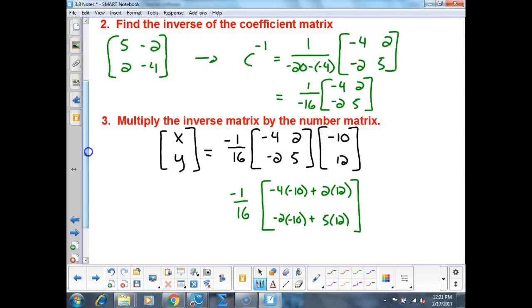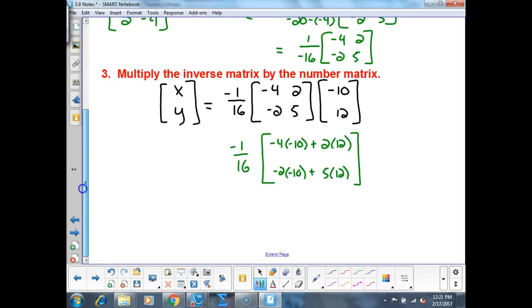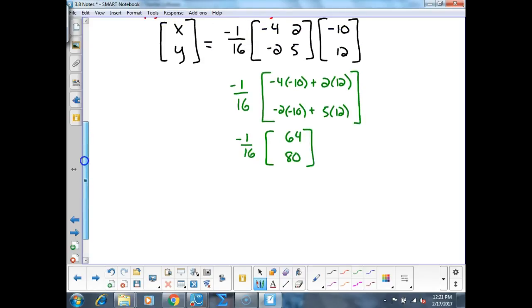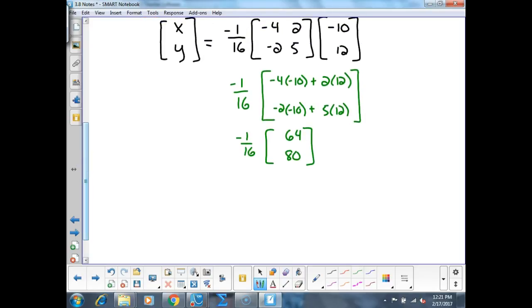Can I scroll down, sir? Thank you. Okay. So then that's going to be negative 1/16 times positive 40 plus 24 is 64, positive 20 plus 60 is 80. Now I can distribute in that negative 1/16.